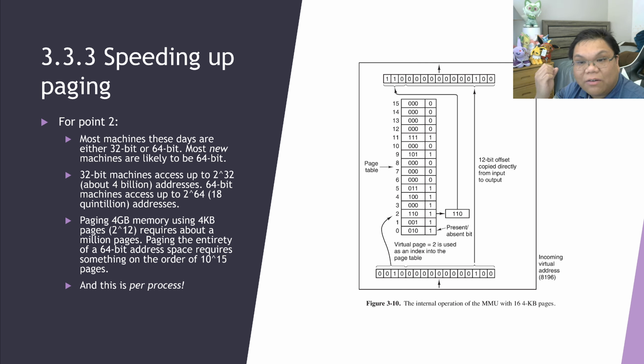If we wanted to page the entirety of a 64-bit address space using 4 kilobyte pages, we need something on the order of 10 to the 15th power pages per process! It means our page tables are going to become huge on a 64-bit system. So yeah.